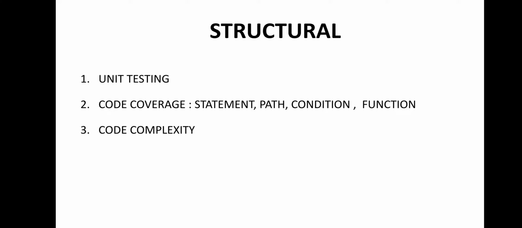So let us consider the categories of code coverage: statement, path, condition, and function coverage, one by one. We will take each and every coverage technique one by one with some examples. Let's say statement coverage is there.